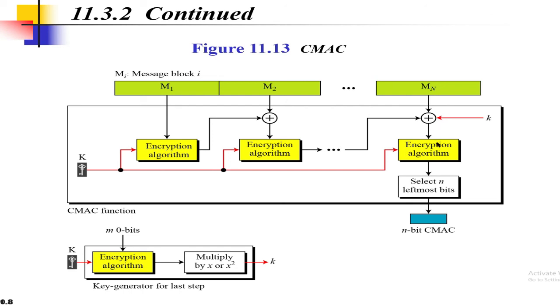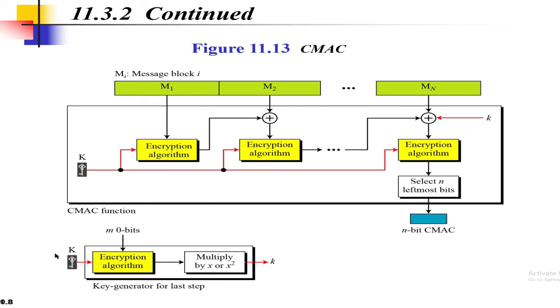As you can see, another key K is XORed only at the last step, and after that we select the n leftmost bits of the output, and lastly we get the n-bit CMAC.